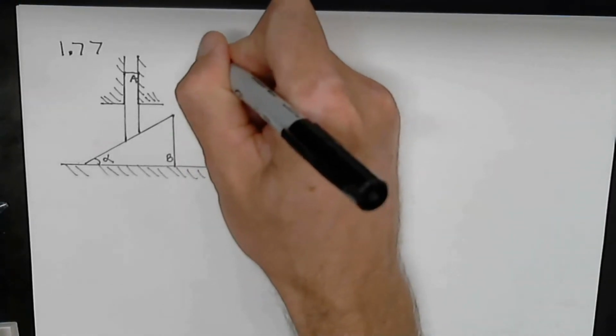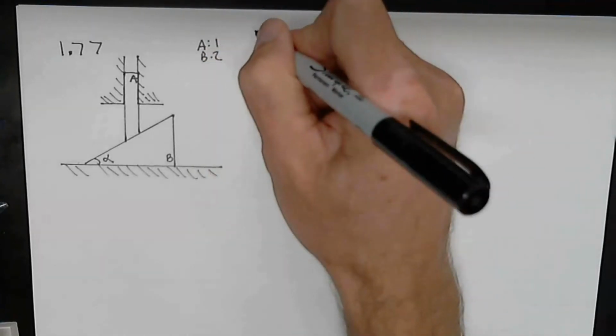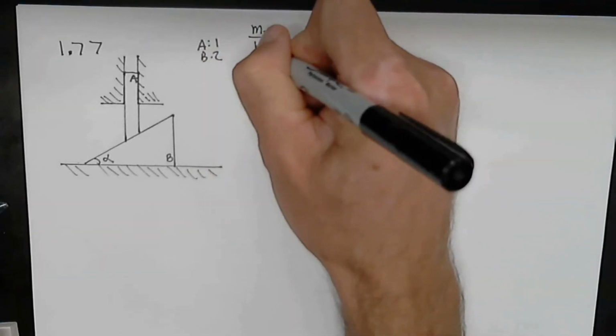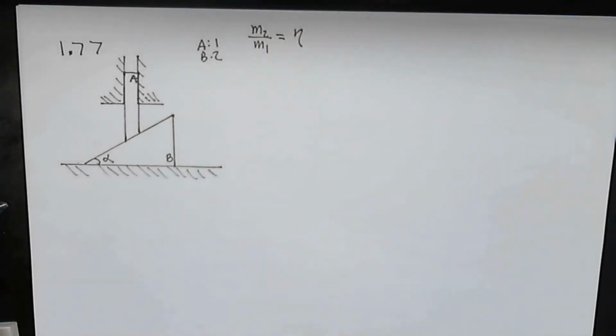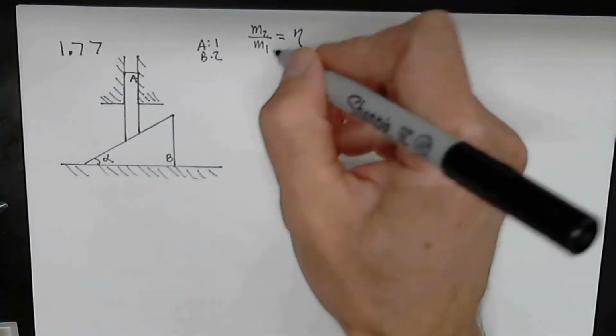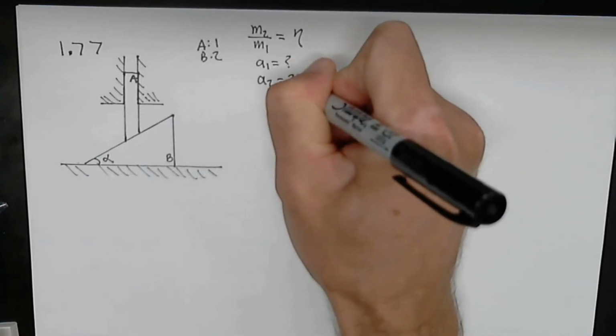So instead of A and B, I will use 1 and 2. M2 over M1 is rho, or whatever Greek letter that is, and we need to find a1 and a2.